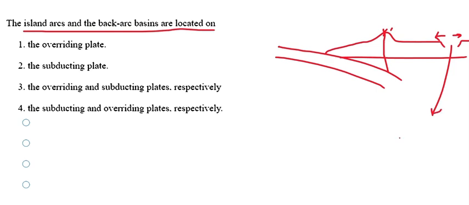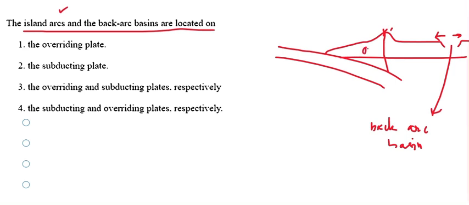That we call a back arc basin. We call these volcanic peaks an island arc when both the plates are oceanic.